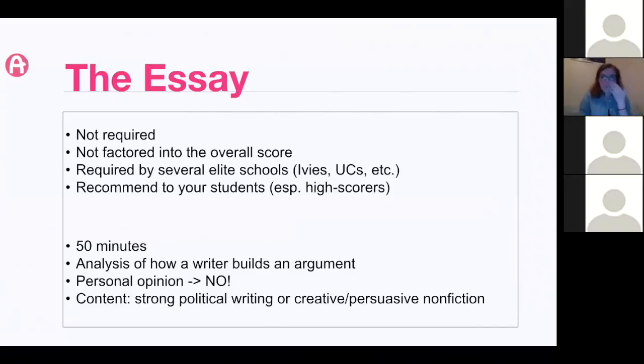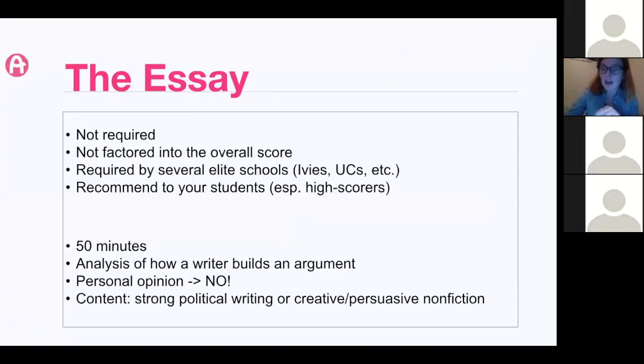Of course, it is not required. It's not factored into your overall score out of 1,600. It is only required by some of the most elite schools. So the Ivies, all of the UC campuses, those are probably the main schools that you'll deal with that require the essay.